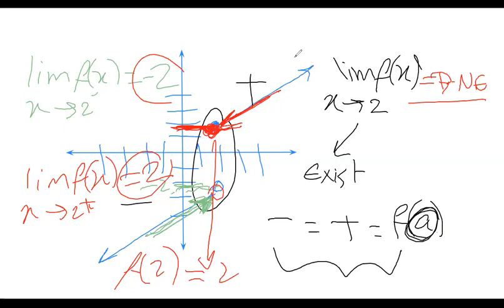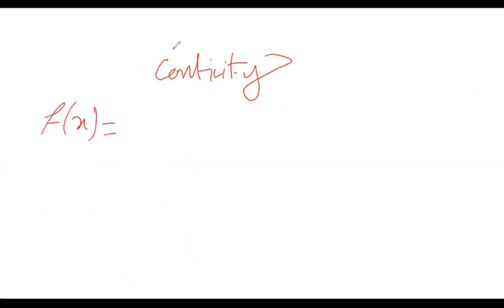Now, regarding continuity, we classify the functions according to their domain. For example, if I have f of x equal to the square root of 4x plus 8.